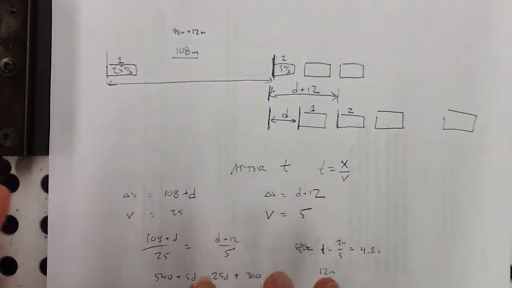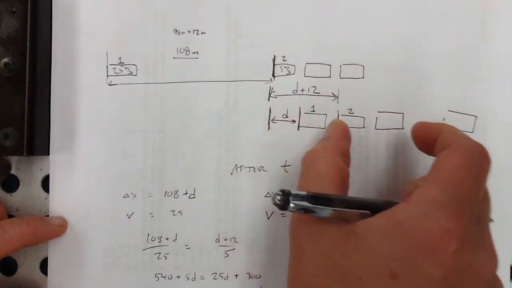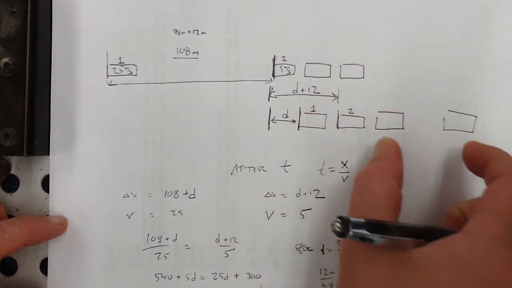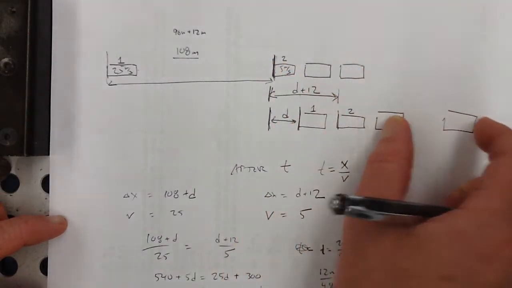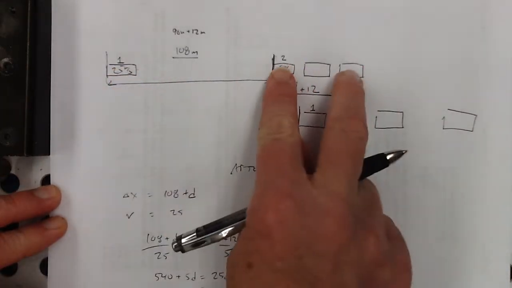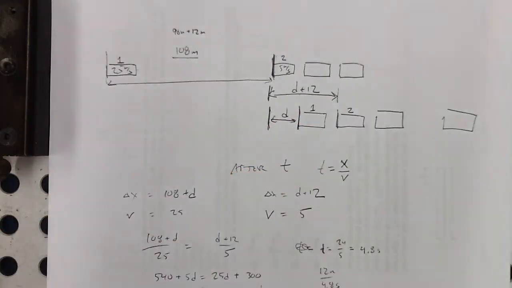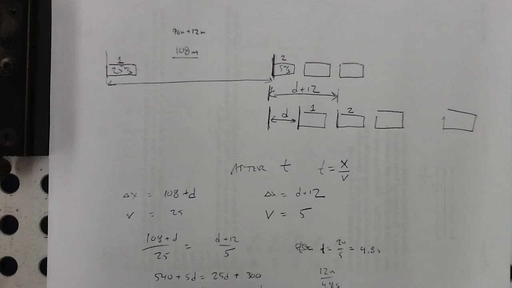So I was very confident at the beginning, drawing my picture, that the shockwave is going to be moving forward. It's going to have moved more forward by the time this car catches up to the back of it. So that's why I have my car 1 here instead of like in the last part.